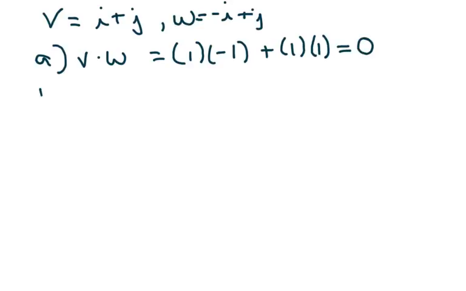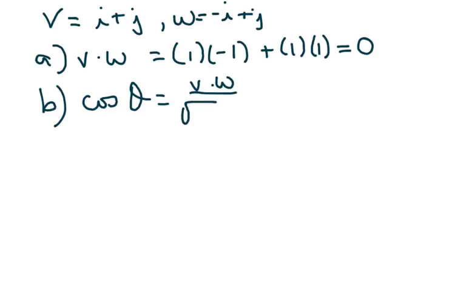And then when you find the angle between them, we have cosine of theta equals v dot w over the square root of 2 times the square root of 2, which is basically 0 over 2, which equals 0.